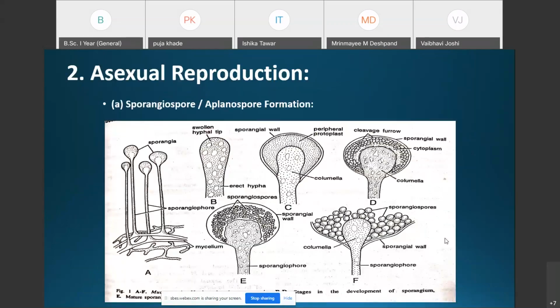Then the second method of reproduction is asexual reproduction.